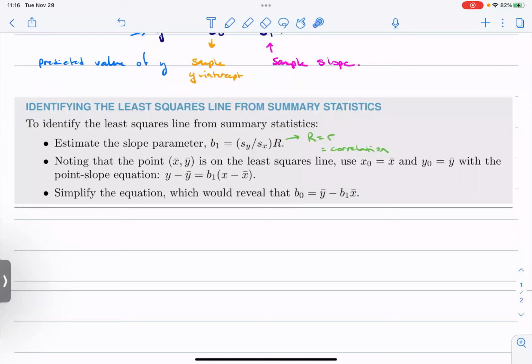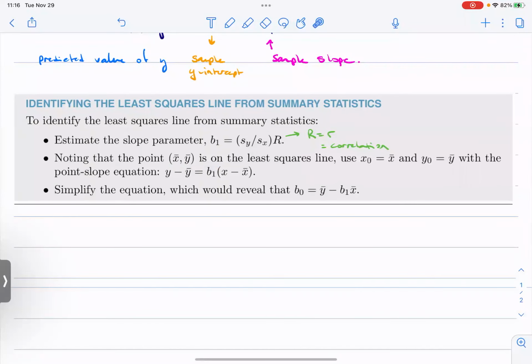From there, using point slope form, we can find the intercept using y bar, the mean of the y's, minus the slope, which you just found. So you have to find the slope before you can find the intercept. Then times the x bar, which is the mean of the x's.